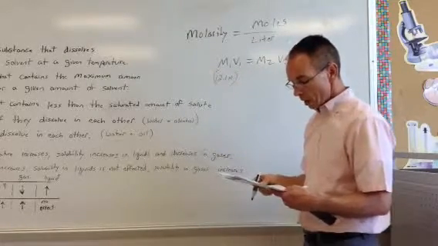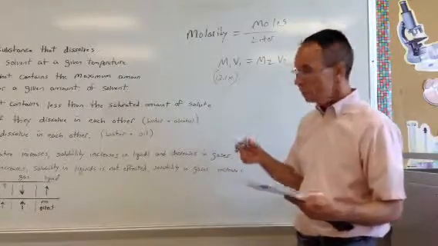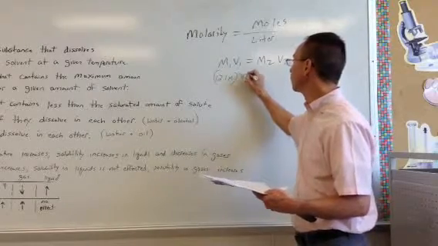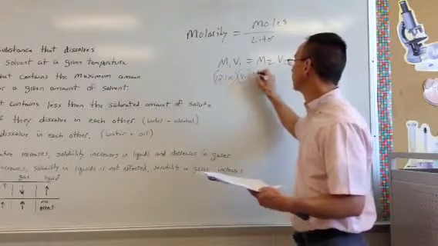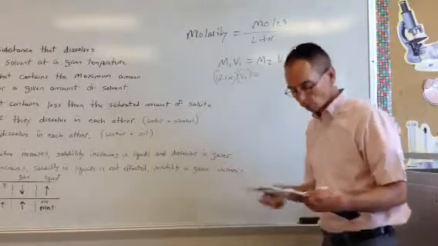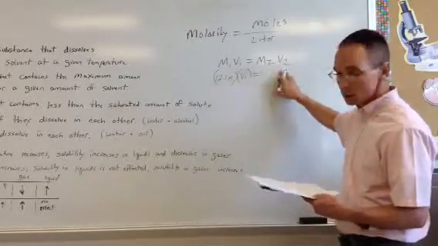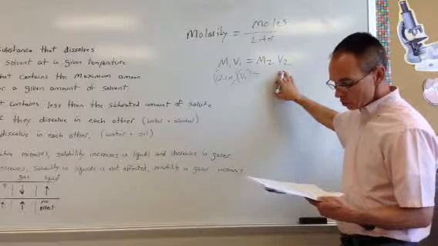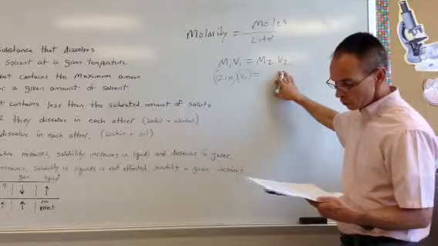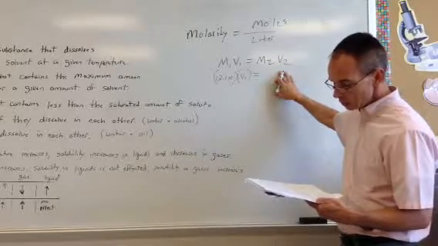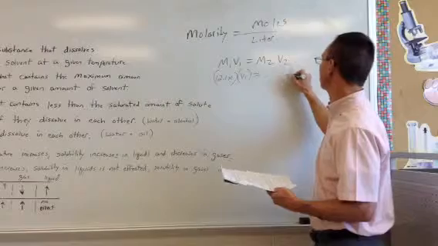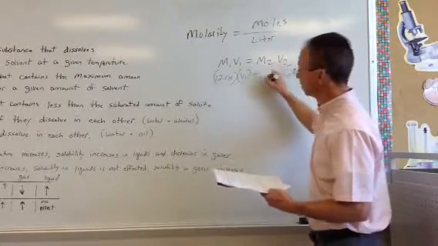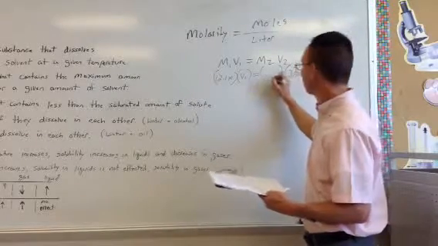Okay? And they want to know how many milliliters of that does it take to make up this new solution. So that V1 is my unknown. That's what I'm solving for. And my final solution, or my end solution, my molarity 2 and volume 2, they're telling me I need 2,000 milliliters, that's my volume, of a 0.5 molar solution.